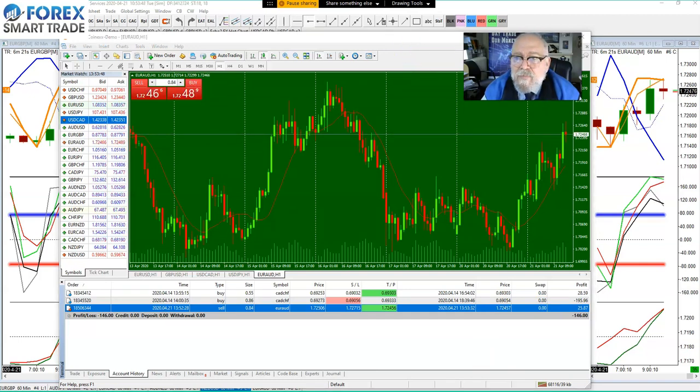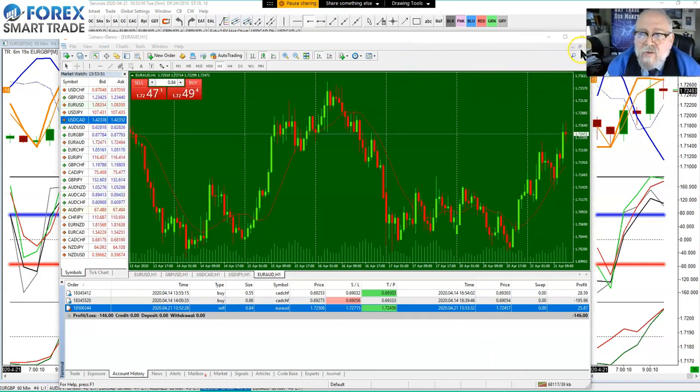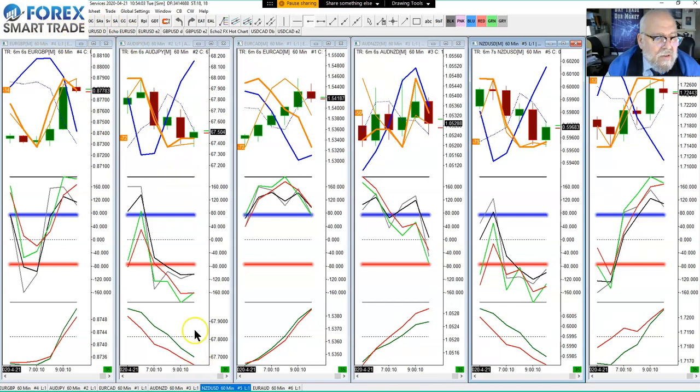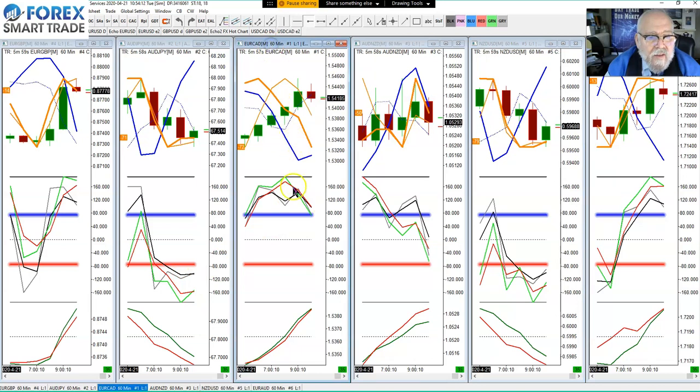Let's see if we got anything else. These guys aren't quite strong enough up. I don't like them on this trade. These guys are coming down pretty good. EuroCAD, nice.